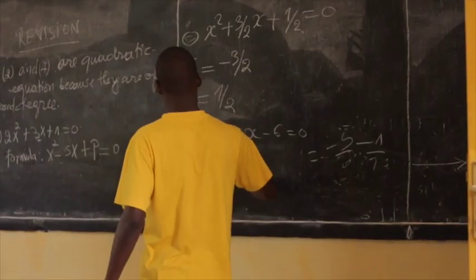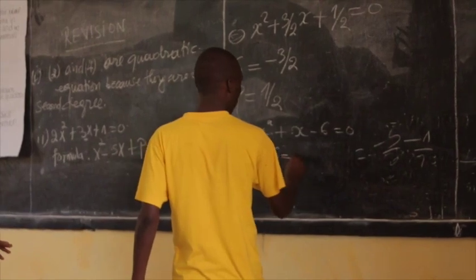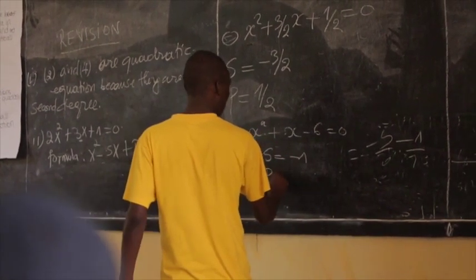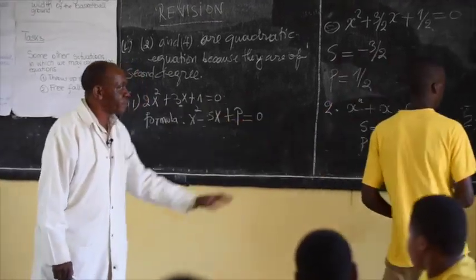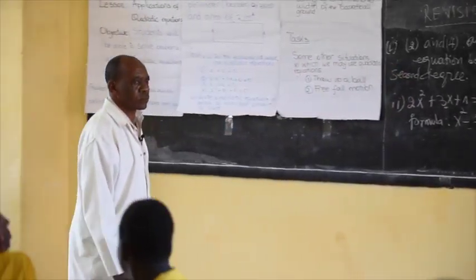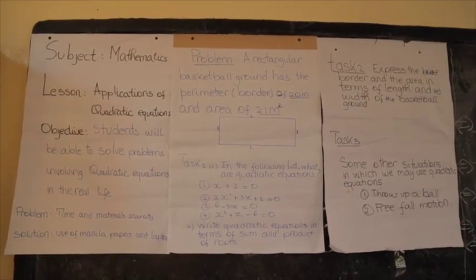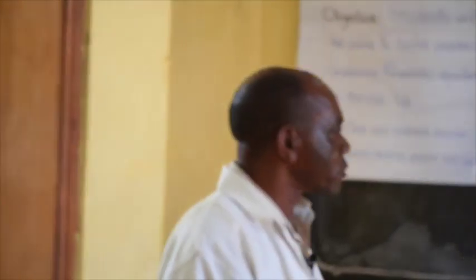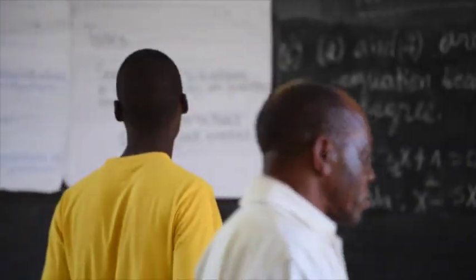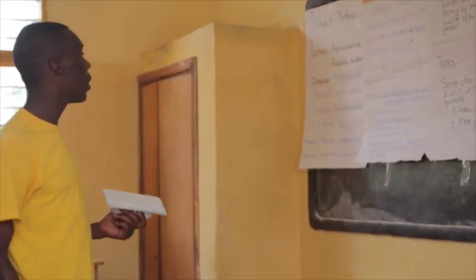Okay, you can do it there. So the question is to find the length and width of the garden. The garden will have a perimeter of 20 meters and an area of 21 square meters.